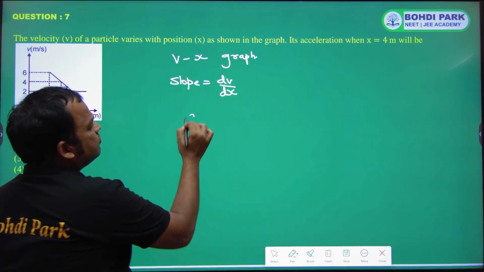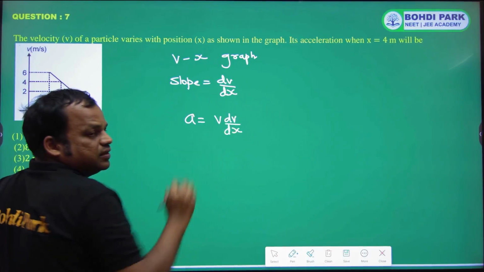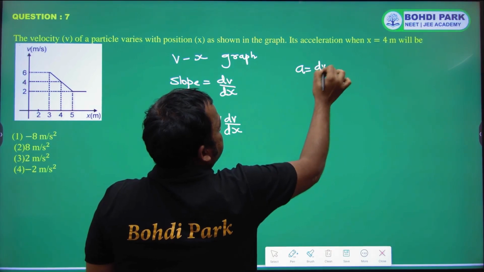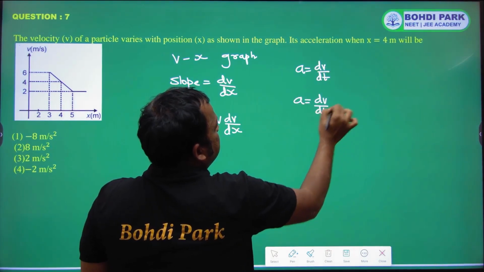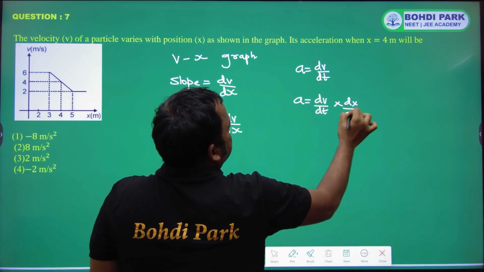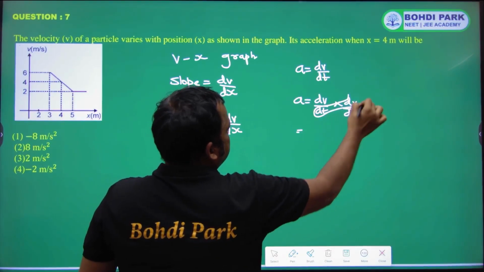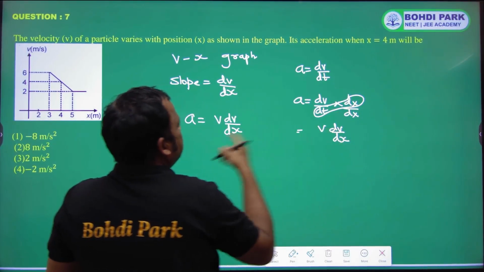So we have to use the formula of acceleration, v dv by dx. How to get this formula? We know that acceleration is dv by dt. So acceleration is dv by dt, multiply and divide by dx. So this dx by dt will become v. So v into dv by dx.